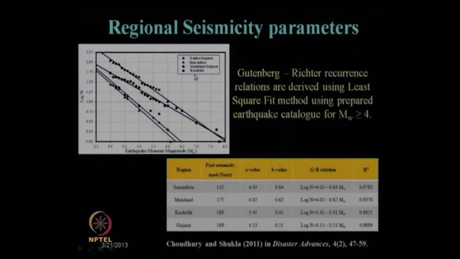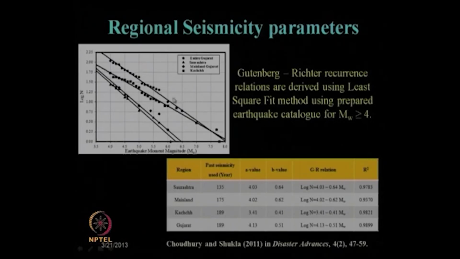Now, we had also seen in our previous lecture that for these 3 major regions of Kutch, Saurashtra and mainland, and also for entire Gujarat, the number of occurrences of earthquakes has been plotted with respect to earthquake moment magnitude. In that case we have taken only those earthquakes having magnitude more than or equal to 4.